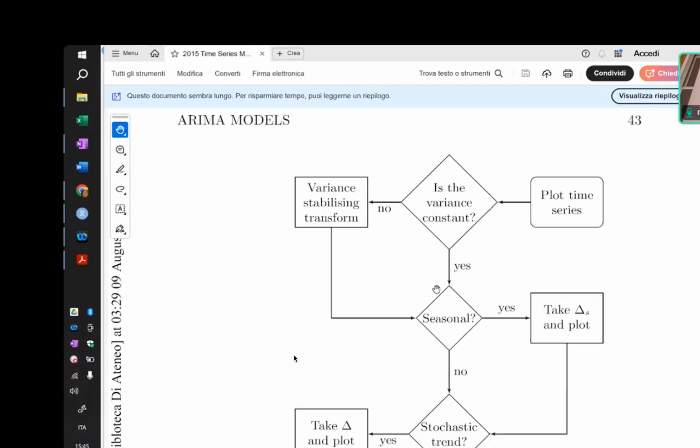The Box is the same Box, who is now dead. I think he just died a couple of years ago, like 90 and something years old. So a really prolific statistician. And actually, the funny thing, I don't know if it's funny, but at the beginning it was just Box and Jenkins' book back in the 70s, and then they made a new version, probably the beginning of the 90s, with the multivariate parts, which was missing at that time.